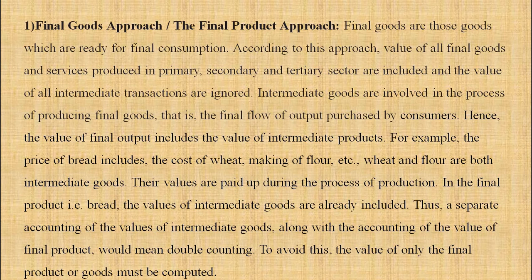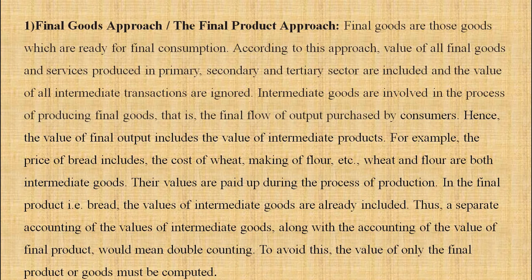For example, the price of bread includes the cost of wheat, making of flour, etc. Wheat and flour are both intermediate goods. Their values are paid up during the process of production. In the final product, that is bread, the value of intermediate goods are already included.